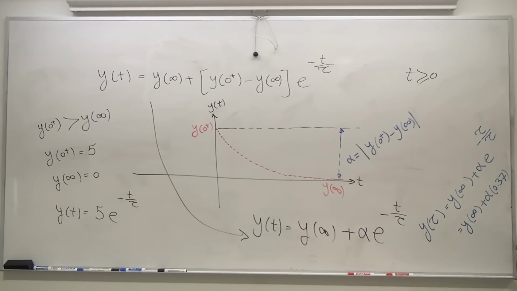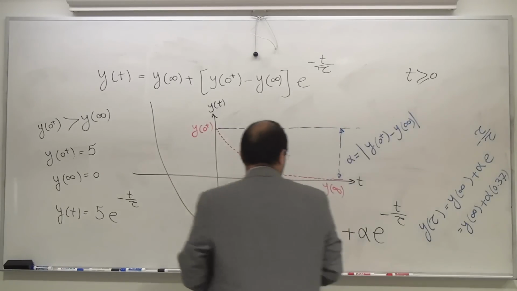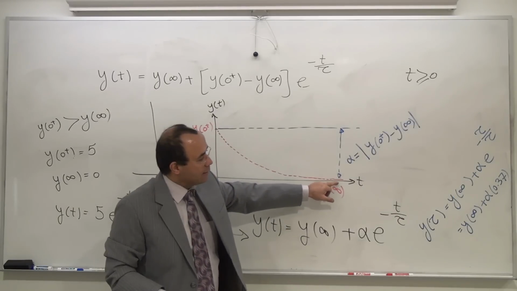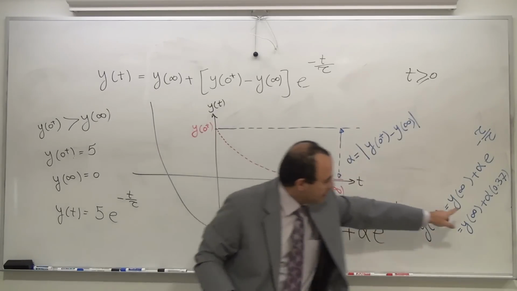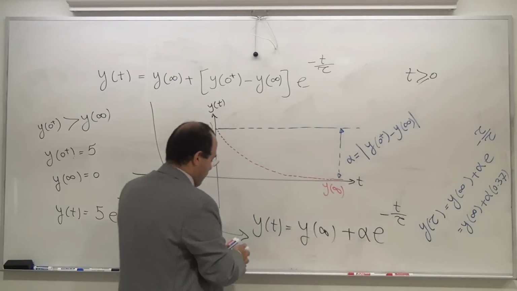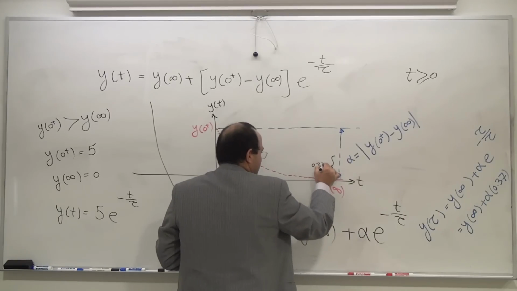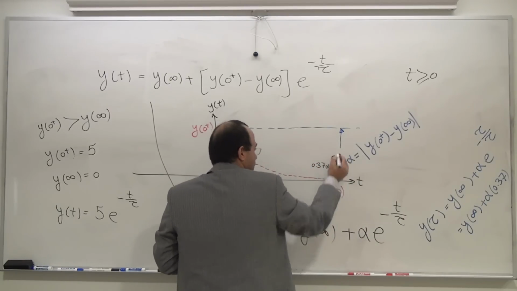Again, my job as an engineer is to make sense of the data. What is this telling me? It tells me, find y of infinity and go up. There is a summation. Go up 37% of alpha. Get me the point.